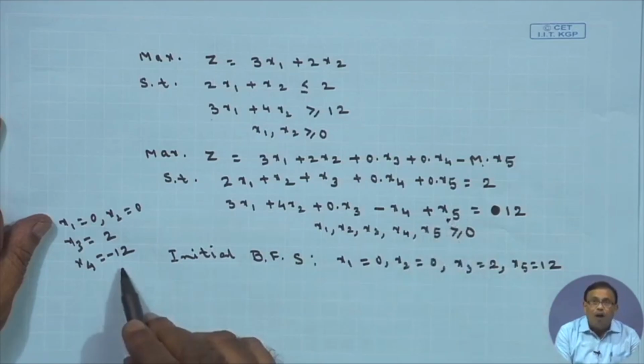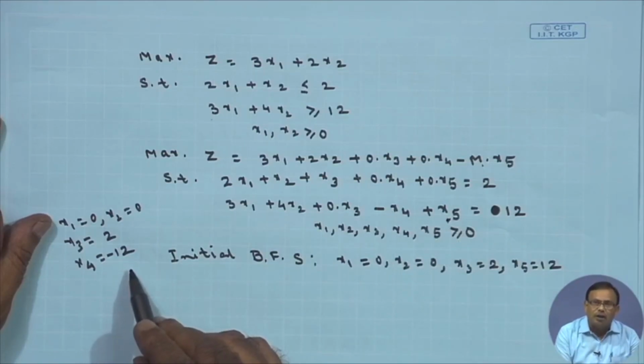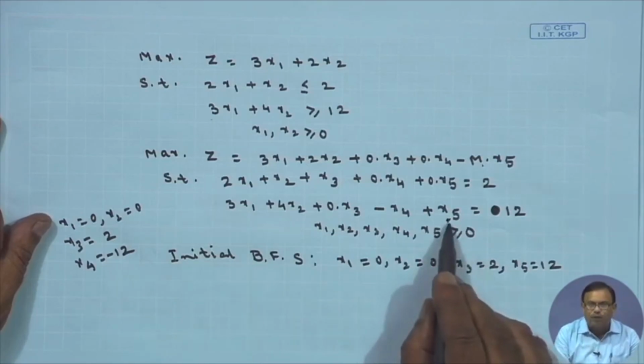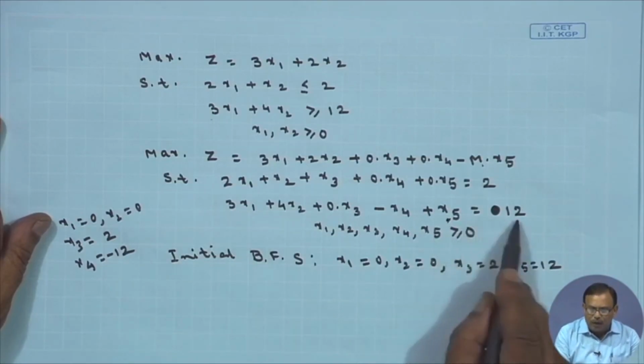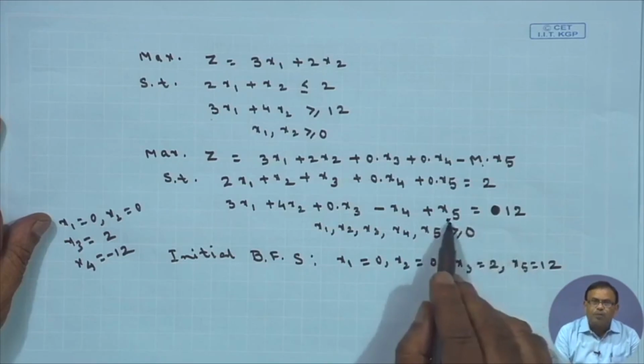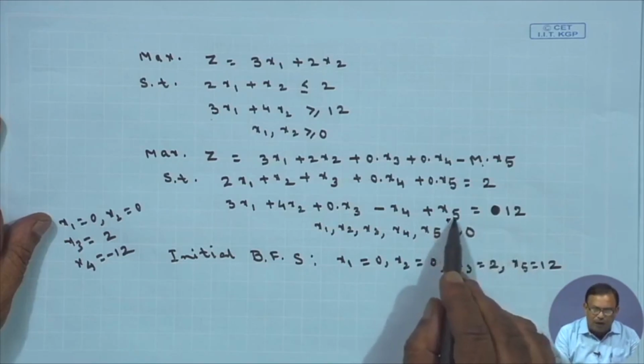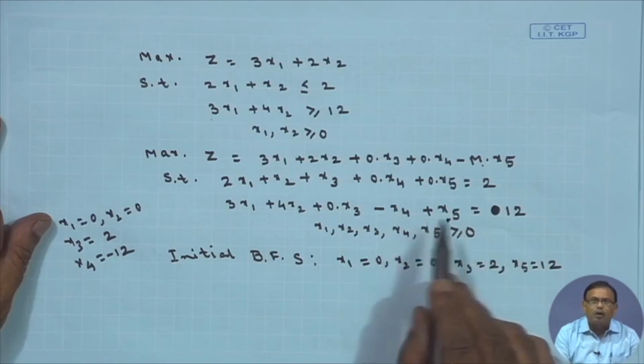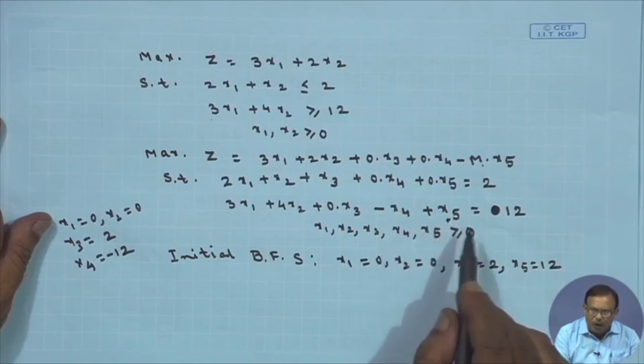So, which is violating our non-negativity constraint, and for this reason we have to add this artificial variable and we are making it equality. Now, this problem by introducing the artificial variable and our original problem, they may not be the same.